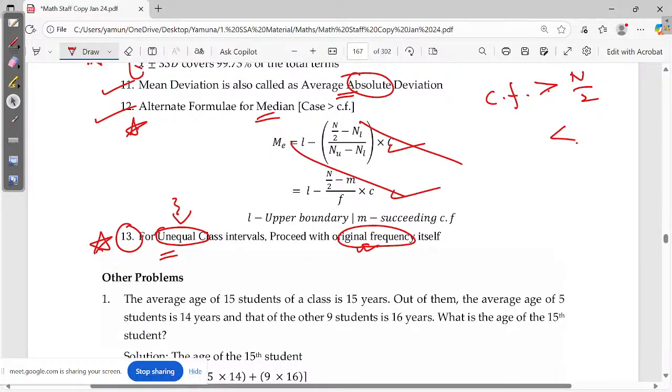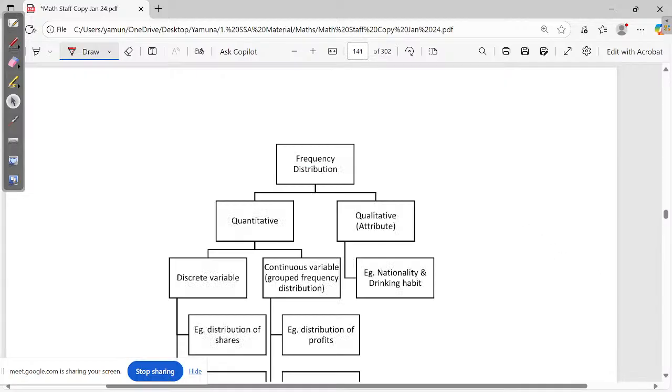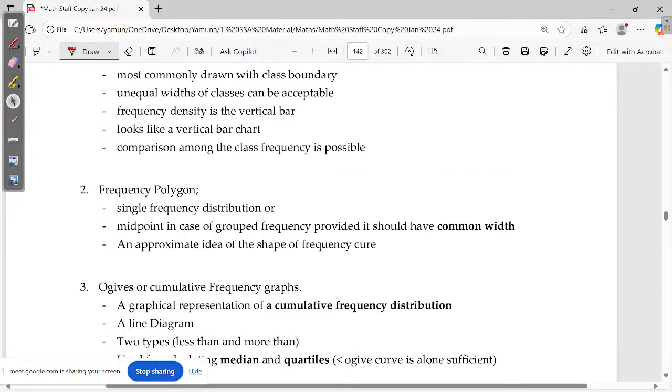Please check page number 1.16. Answer is there in page 1.16.